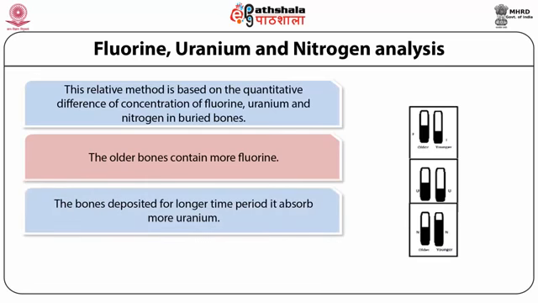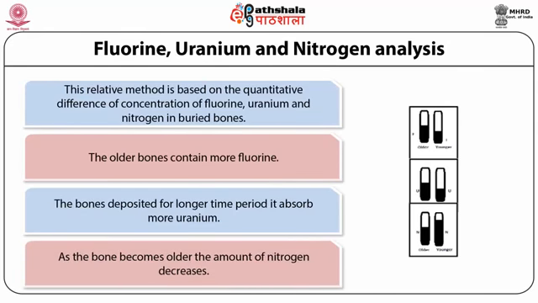A bone deposited for a longer period of time absorbs more uranium in comparison to a bone deposited for a lesser time period. And in the case of nitrogen analysis, as the bone becomes older, the amount of nitrogen decreases.